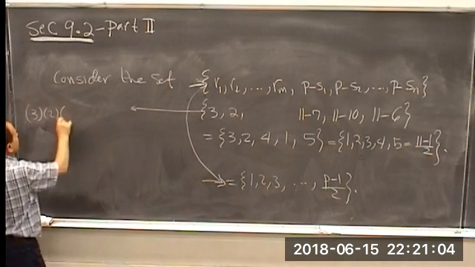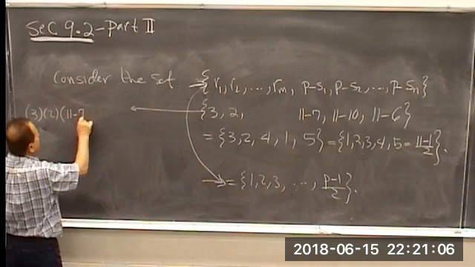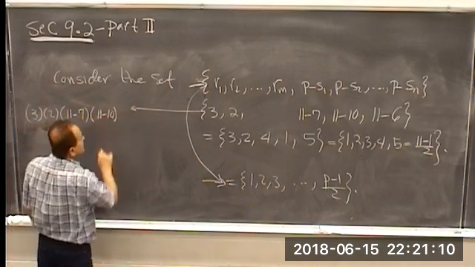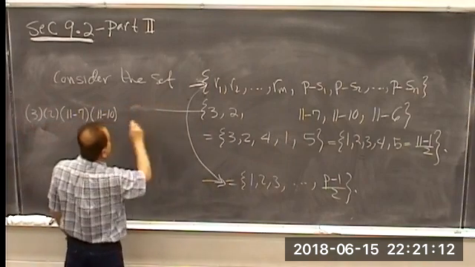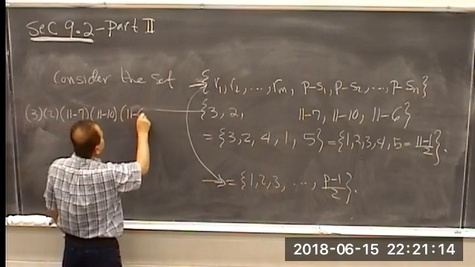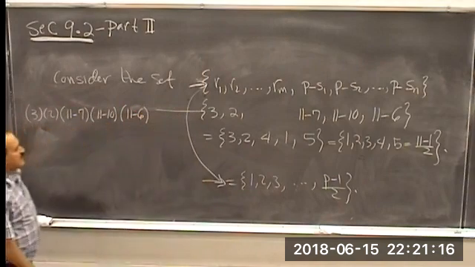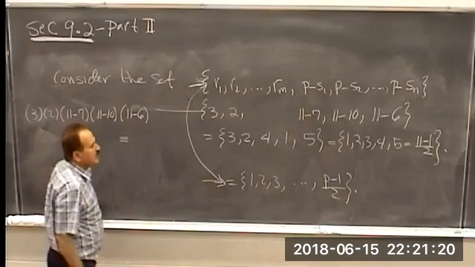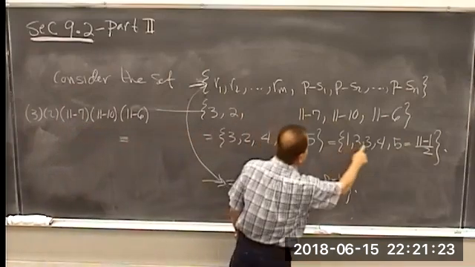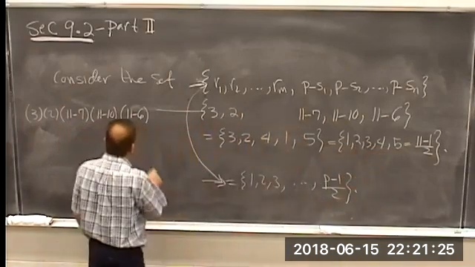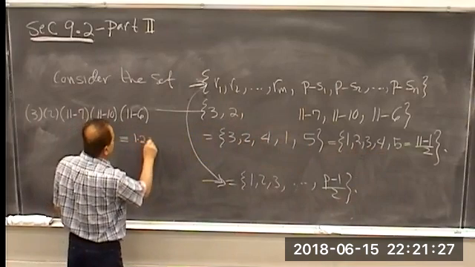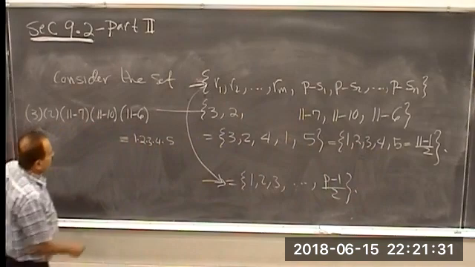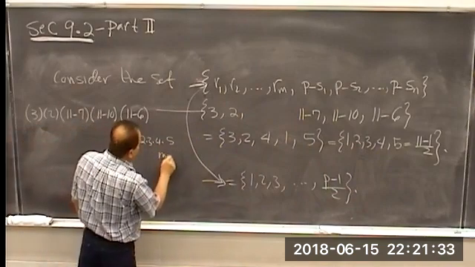I want to keep this 11 minus 7, 11 minus 10, and 11 minus 6. I know this is going to be congruent to the product of 1, 2, and so on up to 5. And this one is mod 11.